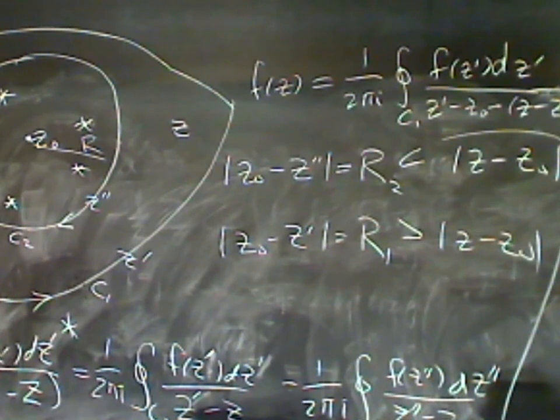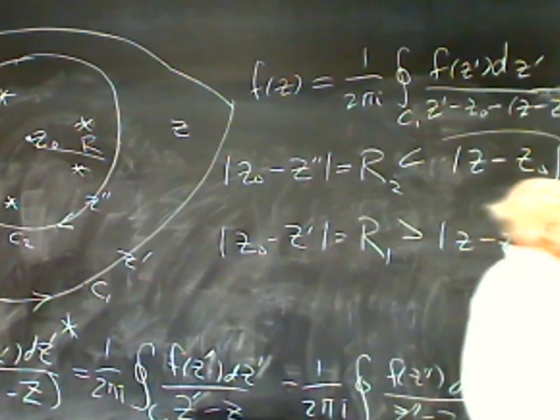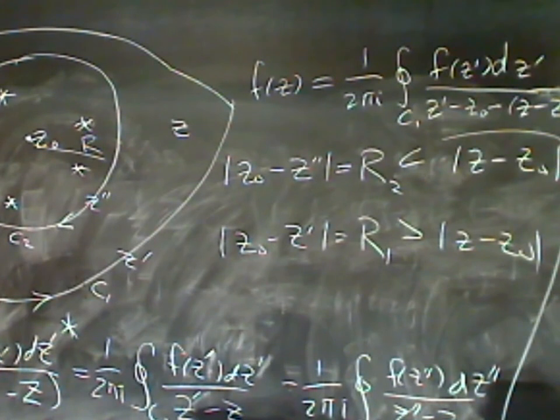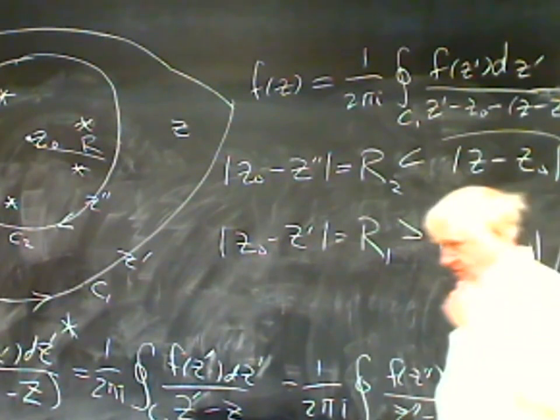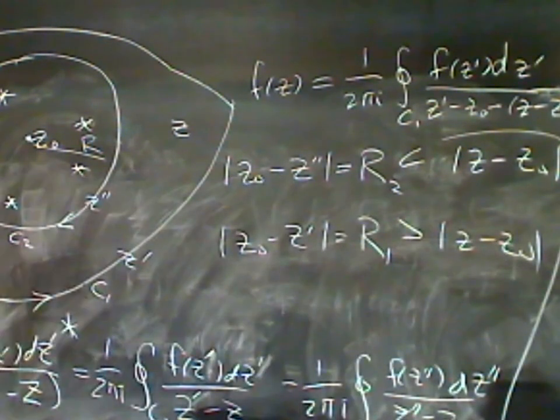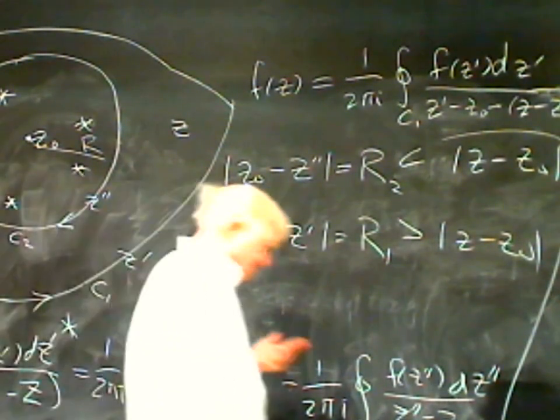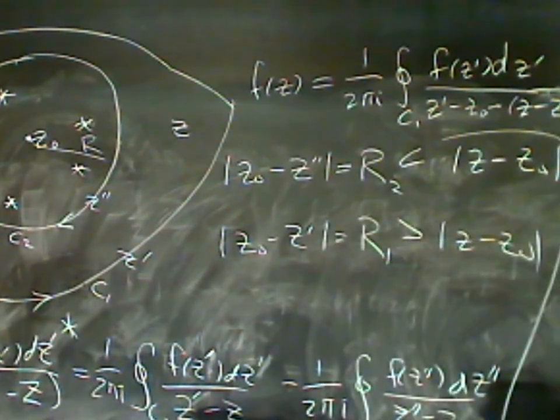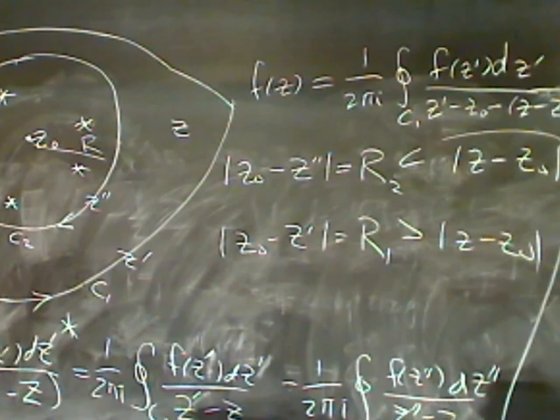Now remember, because of these inequalities, the absolute value of this ratio is less than 1, and the absolute value of this ratio is less than 1. So these things are of the form 1 over 1 minus epsilon, and as long as epsilon in absolute value is less than 1, we can expand that fraction as an infinite power series in epsilon with very simple coefficients, which in fact converges absolutely and uniformly as long as the ratio is less than 1.